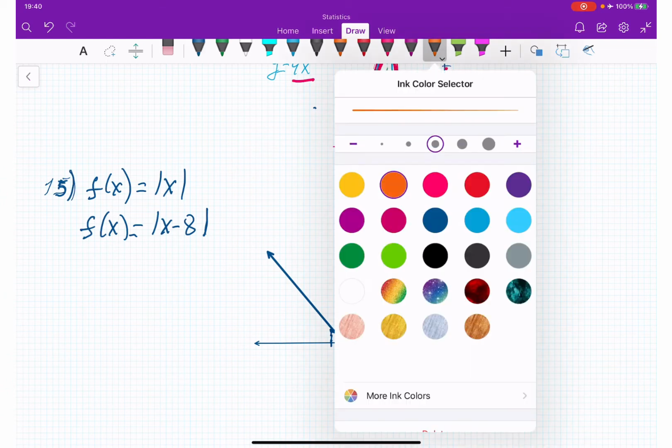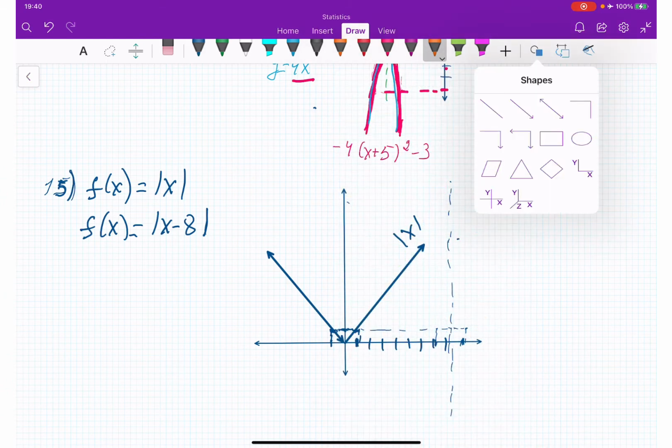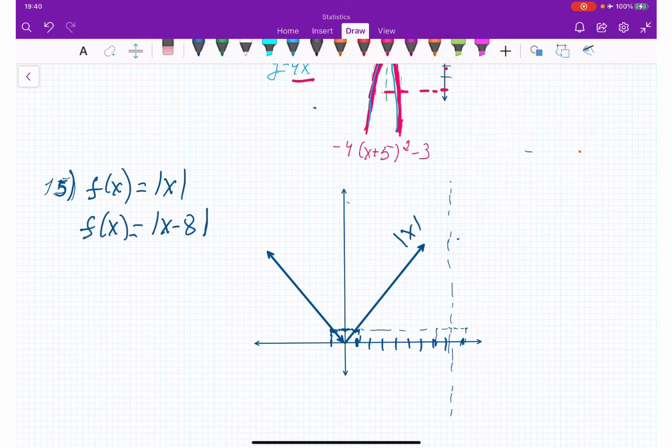Let me take this graph, and I'm going to shift by 8, which is this one is going to go this way, and this one is going to go this way. That's all.